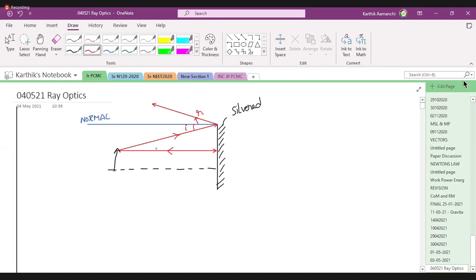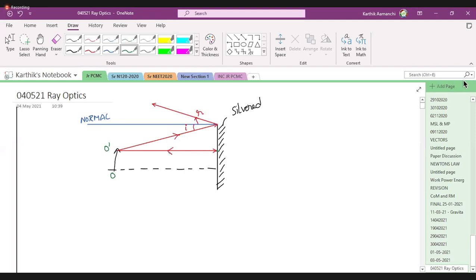No, sir. Now see, please look at the image once. Let me say this is the object. When a light ray goes like this and hits at this point, I said it will retrace back, right?